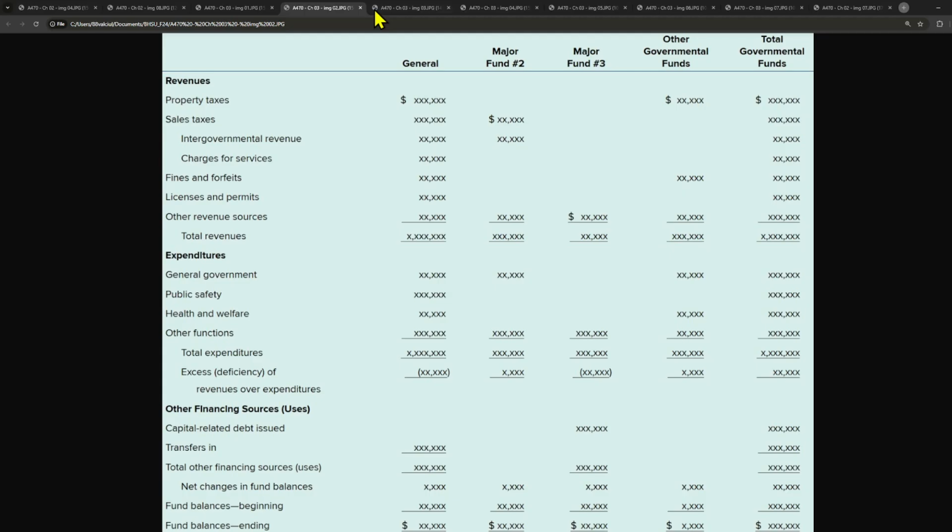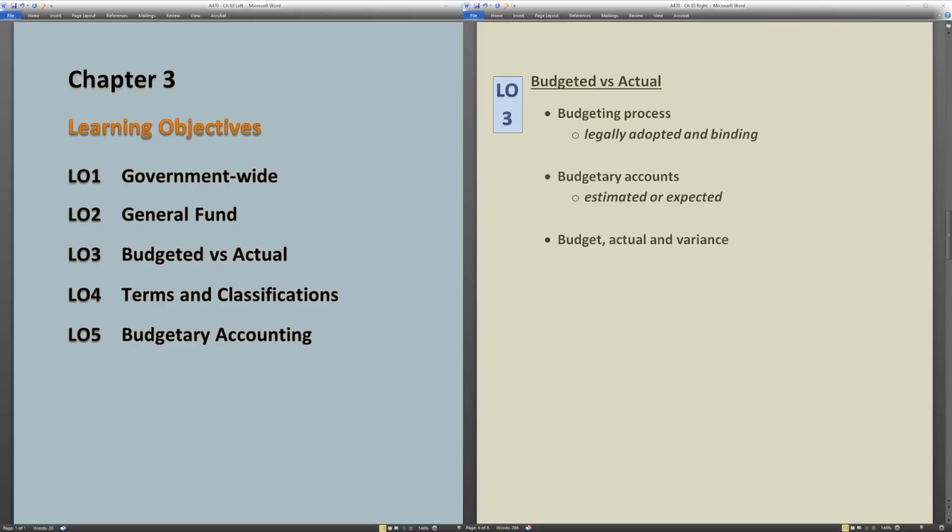One of the major things, now we're on to 3-3. One of the major things about governmental statements, and this may seem initially kind of a little bit extreme, is that we basically find a way to insert the budget into the financial statements, because what we want to see is what was the budget and what was the actual, and we want to see variances.